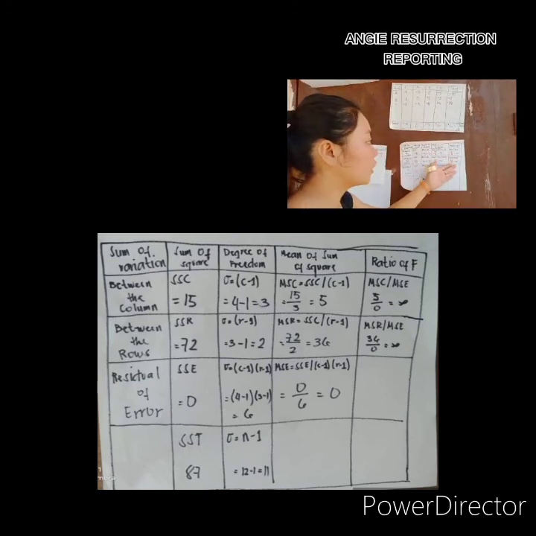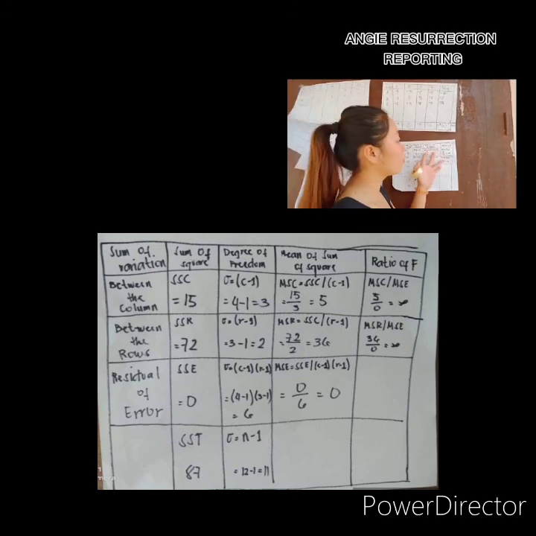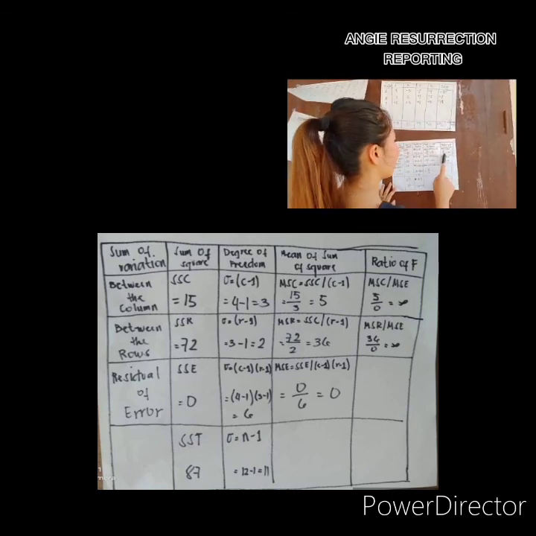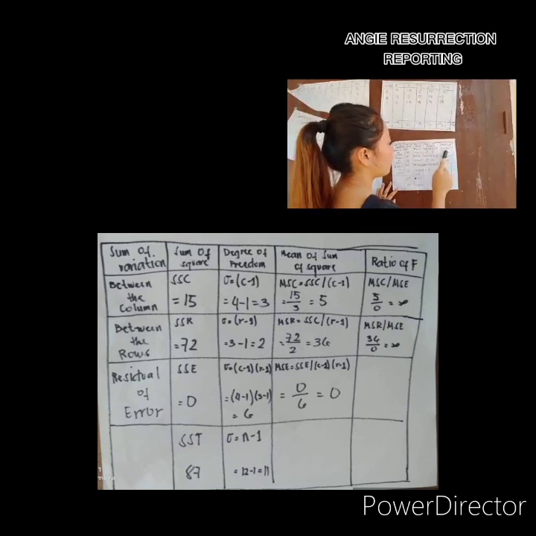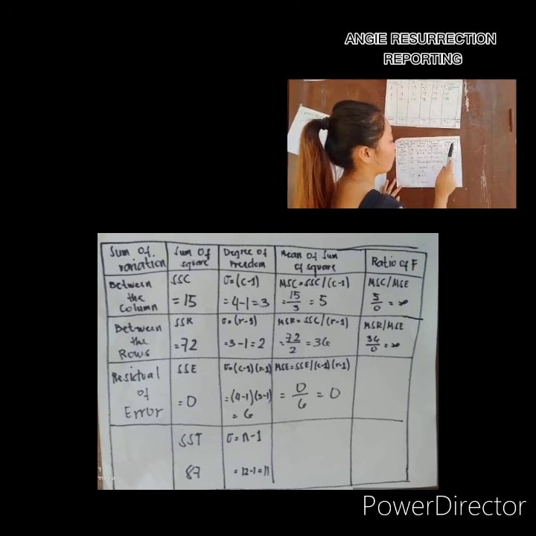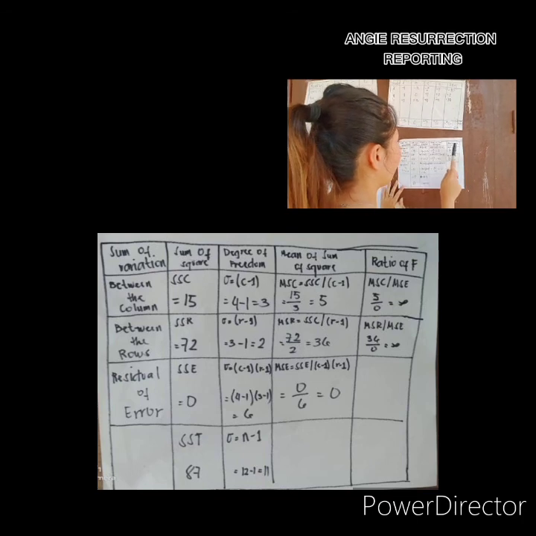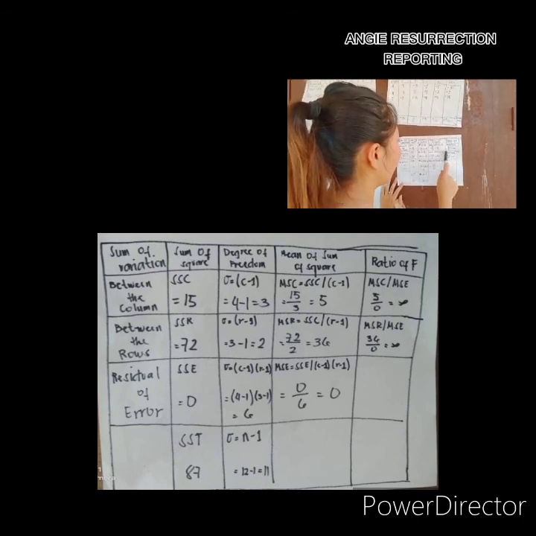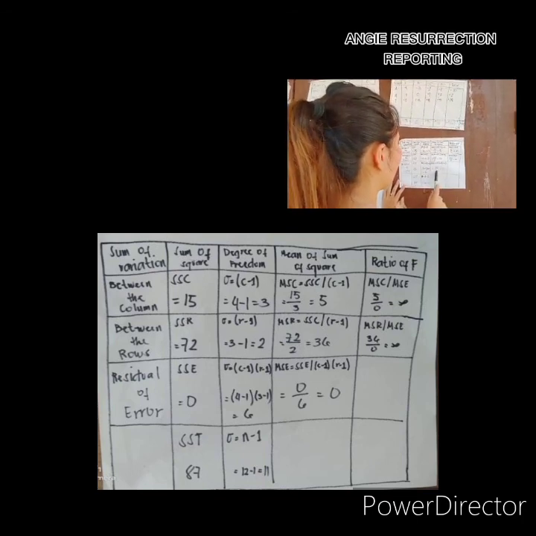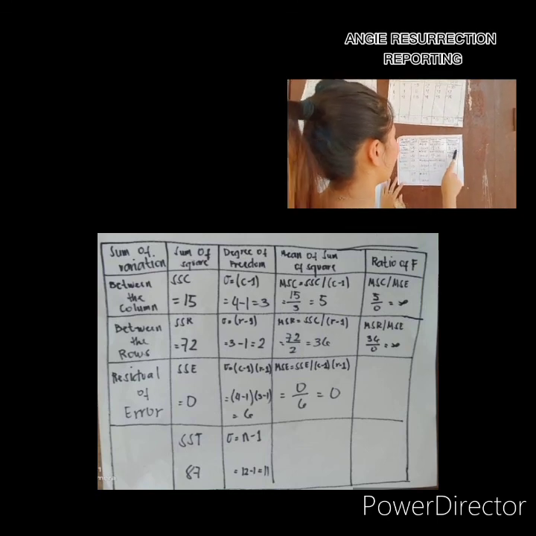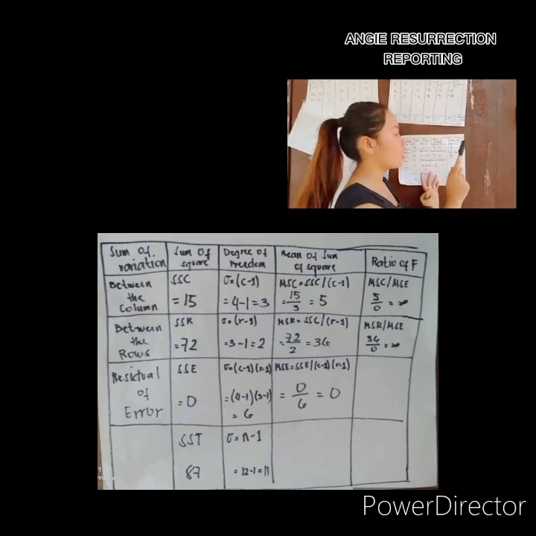So this is the ratio F: MSC over MSE. Here MSC is 5 and MSE is 0, so it is infinite.